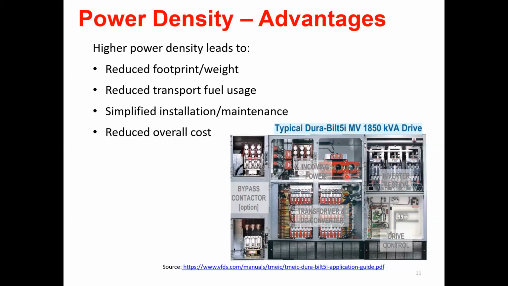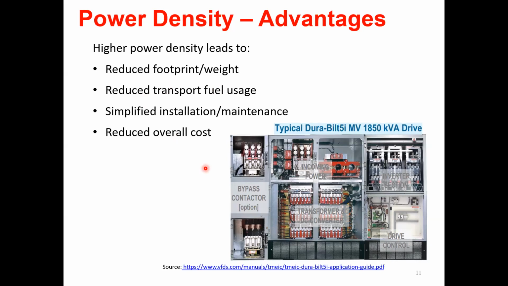So imagine if you have to take this to a remote location. Let's say in Texas, wind is very prevalent on the western part. When it comes to transportation, you have to take this entire thing for a very long time, so it actually causes a lot of transportation fuel usage. And even in terms of installation, considering an offshore wind turbine installation, you have to transport these transformers for very long distances offshore.